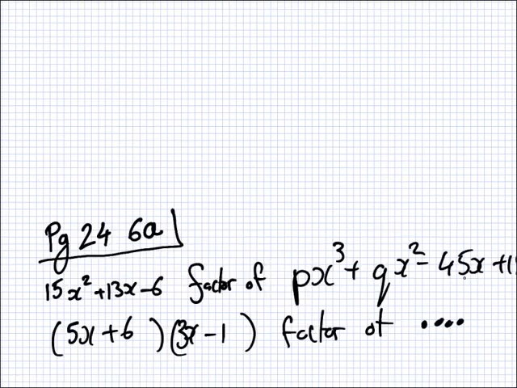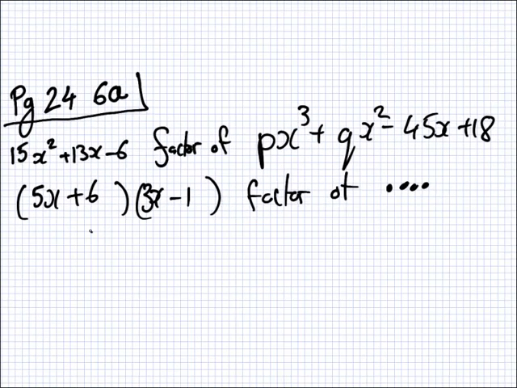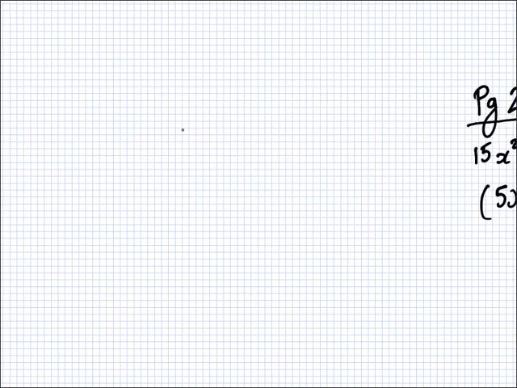If I go back to the question, if I have two things multiplying together and they're a factor of something else, are each of these individually a factor? So if I had two numbers multiplying together, let's say 3 times 5, and that divides into 150. 3 times 5 is 15, and 15 does divide into 150.